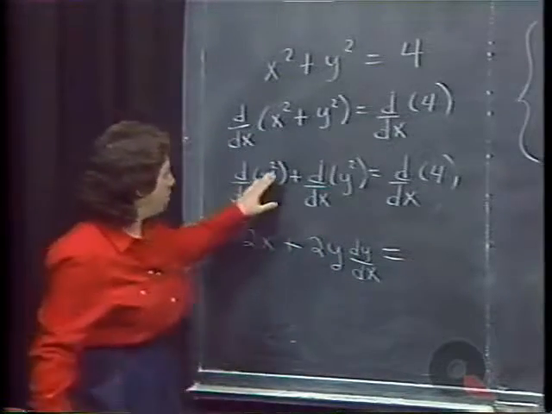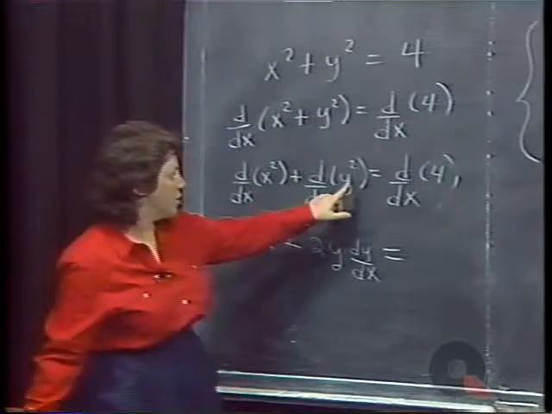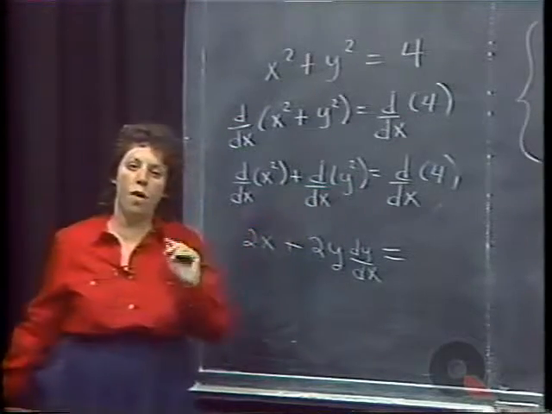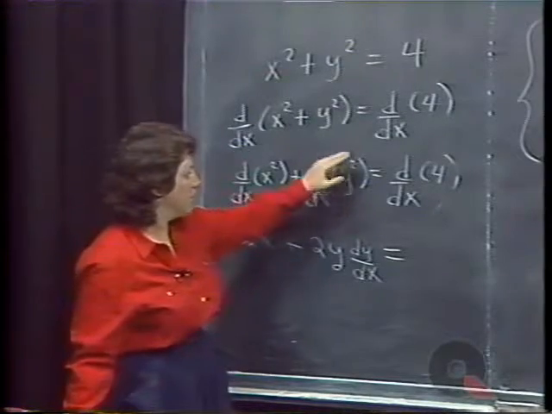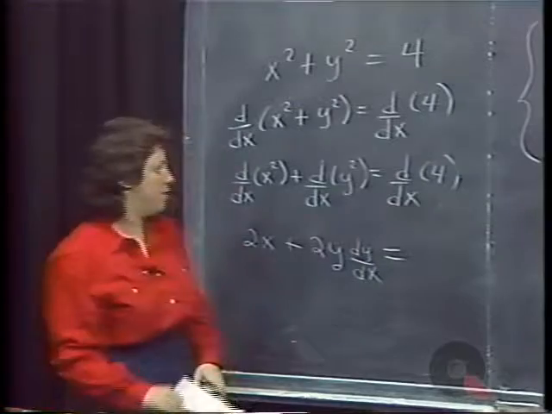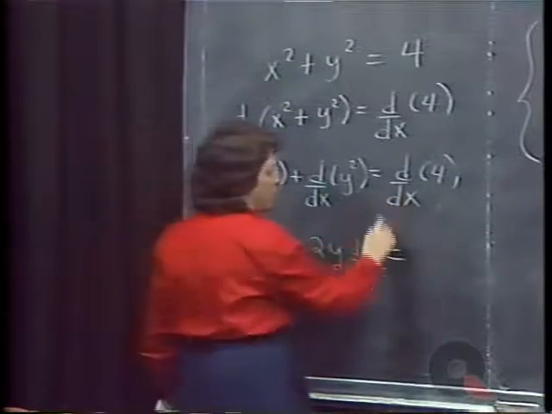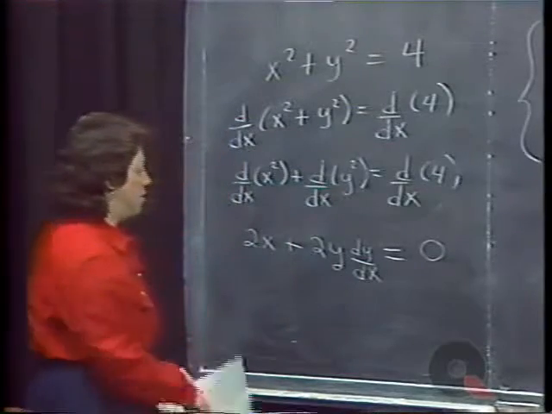For x squared's derivative with respect to x, that's 2x the way we've been doing it. But when it says y squared with respect to x, remember y is to be treated as a function of x, so we do it by the power rule. Function to a power, so it's power, function, 1 less power, times the derivative of the inside. Equals the derivative of 4 with respect to x, the derivative of a constant, of course, is 0.